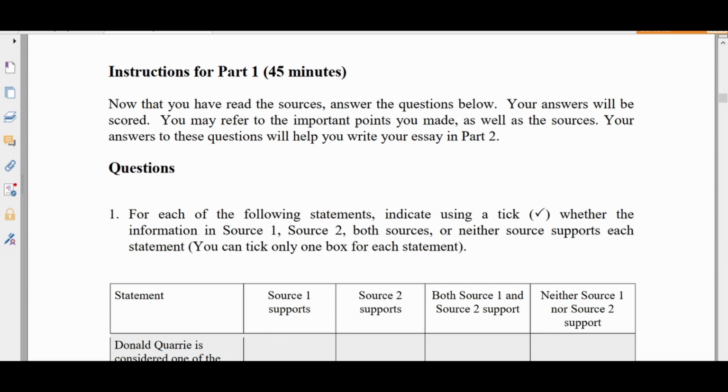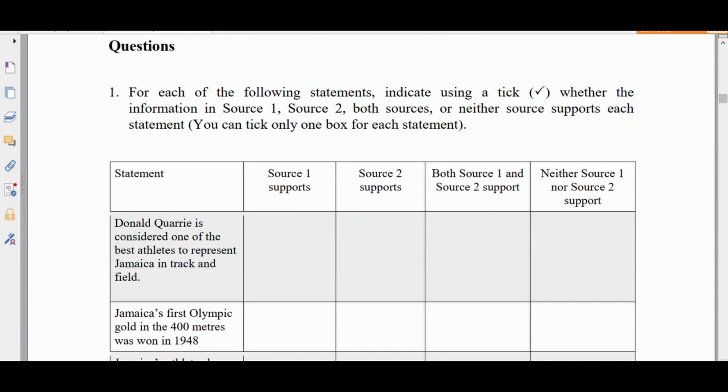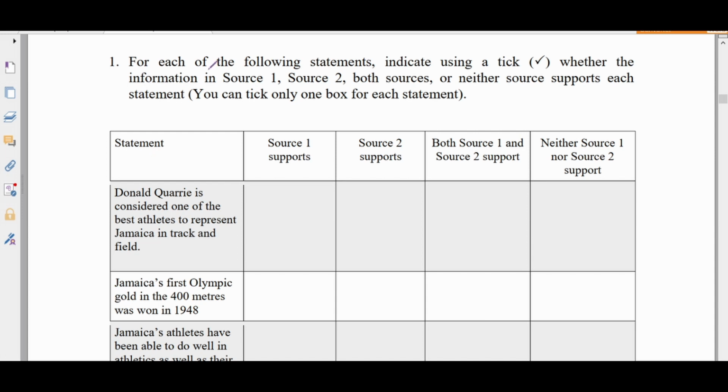So questions, it says here, for each of the following statements, indicate with a tick whether the information in source 1, source 2, or both sources or neither support each of the following statements. You can tick only one box for each statement.